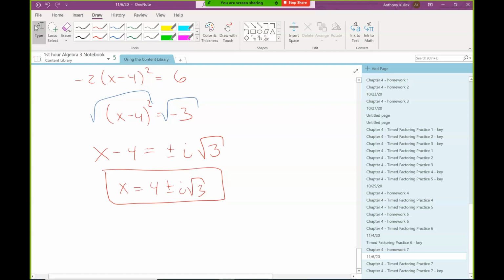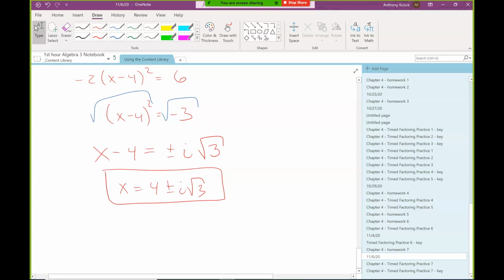Do we feel okay on this? Surely we'll do some more practice on solvings. If you check back at the end of the day, I'll have an assignment on OneNote in PowerSchool where I'm going to ask you to do some solvings. Some of the answers will get imaginary things, some of them won't.